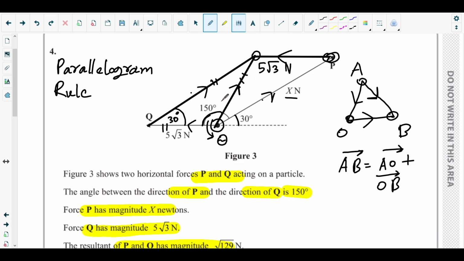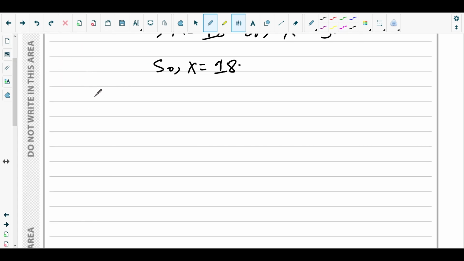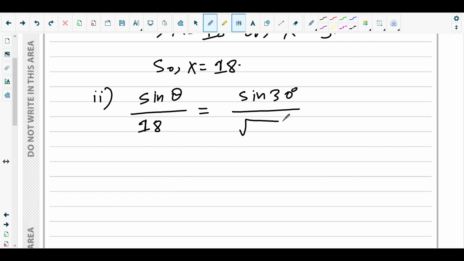So it will be better to use the sine rule. So let's use the sine rule. Then sine theta over its opposite side, the force P, which is 18 Newton, is equal to sine 30 degrees, the known angle, over its opposite side, which is the resultant force, square root of 129.